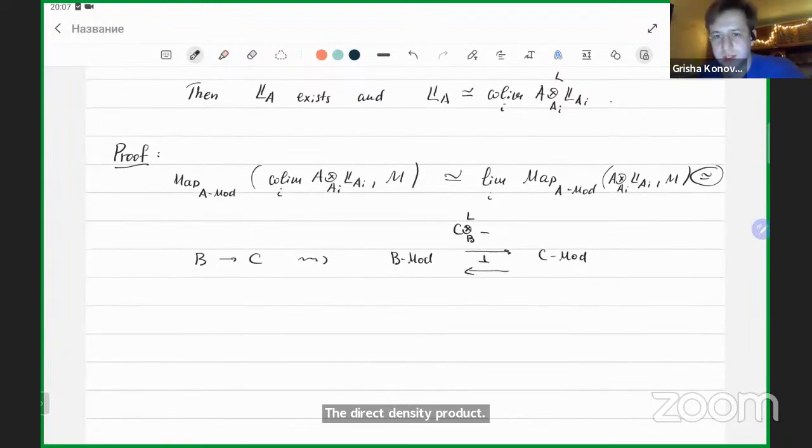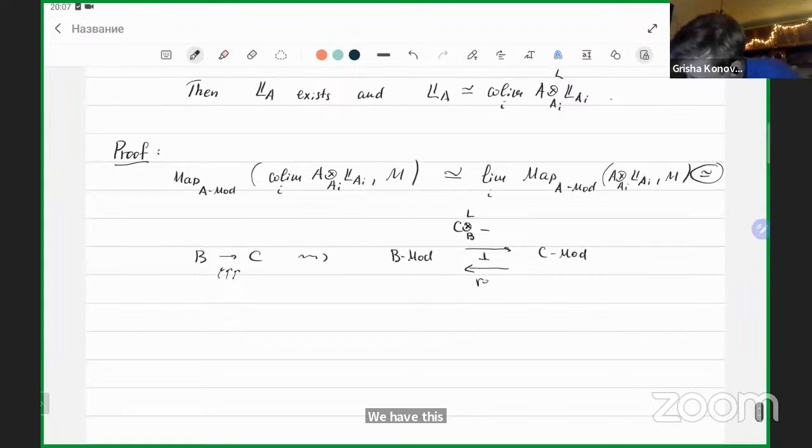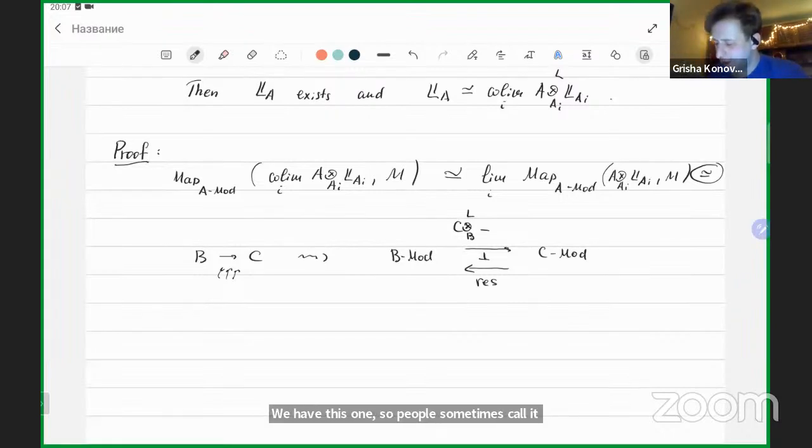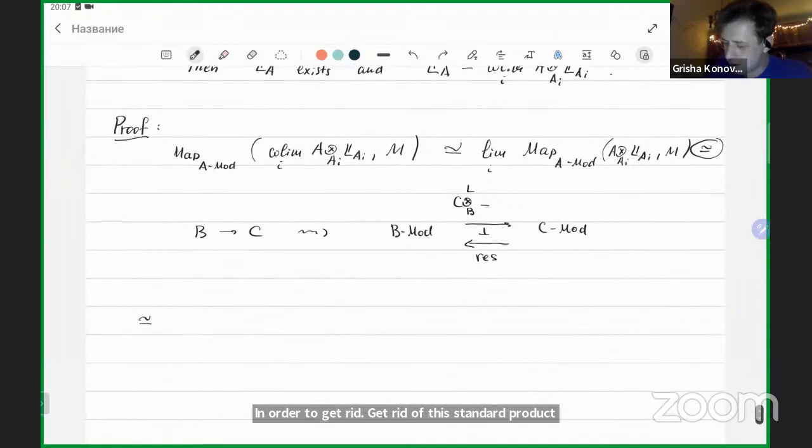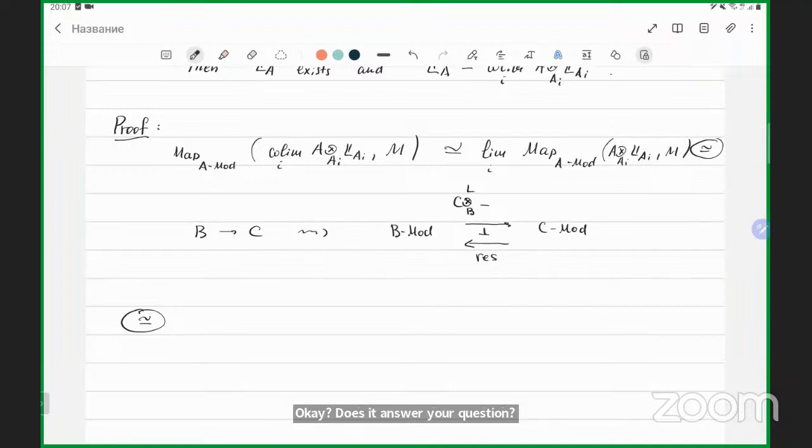And the right adjoint is the forgetful functor, or in other words, the restriction of scalars. If you have a C module, you can view it as a B module via this map. So people sometimes call it restriction. And that's the adjunction I use in order to get rid of this tensor product. Okay, does it answer your question? Yes. Okay.